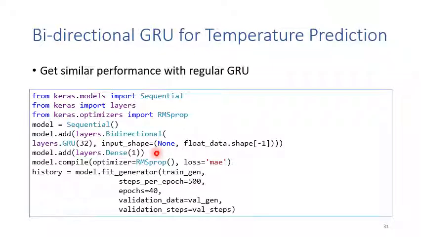And this model, if you train it carefully, can intelligently learn to use only one single branch, not the other reverse branch, to predict. So eventually you will get similar performance to regular GRU, just with double the parameter size.